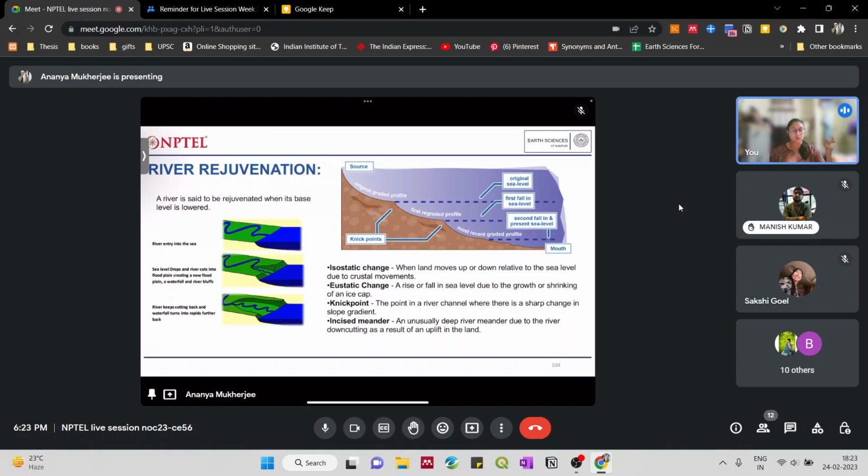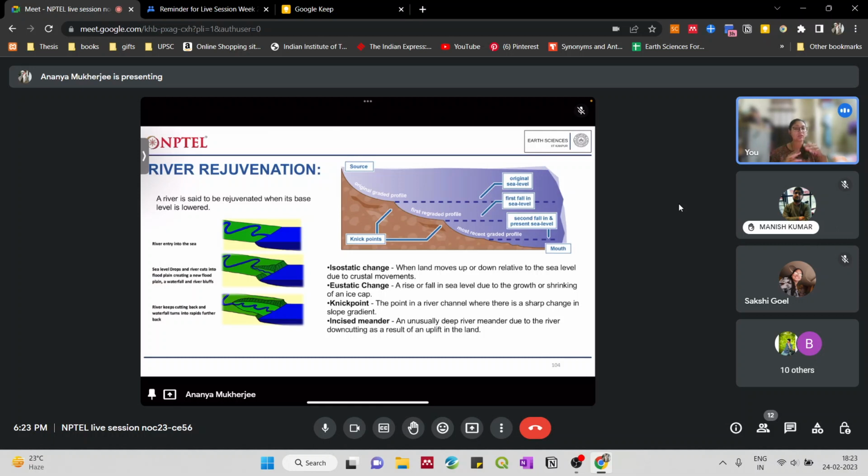Okay, so you can have two kinds of changes, that is isostatic change and eustatic change. What is an isostatic change? That is when the land is moving up or down with respect to the sea level. Okay, so the changes may be tectonic in nature. The sea level remains whatever it is at the present level. The sea level is not changing, but the land has changed with respect to the sea level.